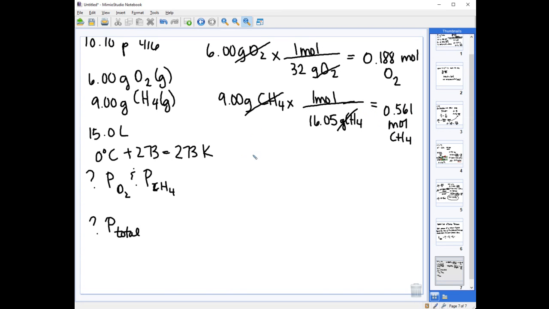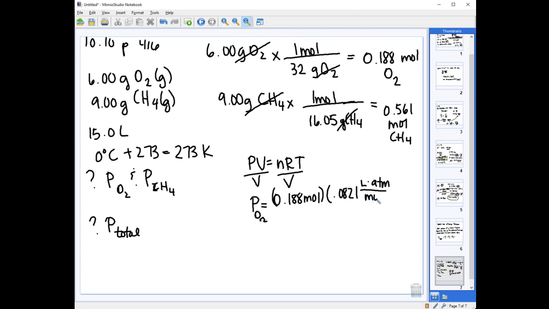So I'm going to use my ideal gas equation, PV equals nRT, dividing by volume so that I can get pressure. The first one I'm going to do is oxygen. So P of O2 equals 0.188 moles times my ideal gas constant, 0.0821 liter atmosphere per mole Kelvin, and my temperature I figured out over here was 273 K. Now divide by volume, which they told me in the problem was 15.0 liters.